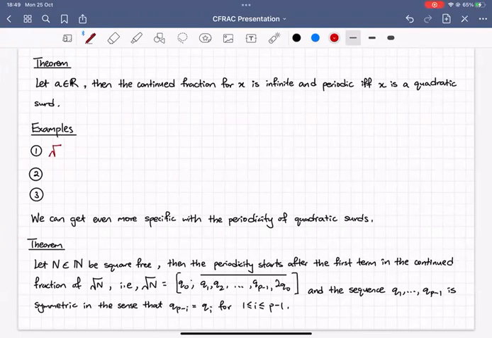So perhaps some examples. Root 2 has continued fraction expansion 1, 2, 2, 2, and so on.